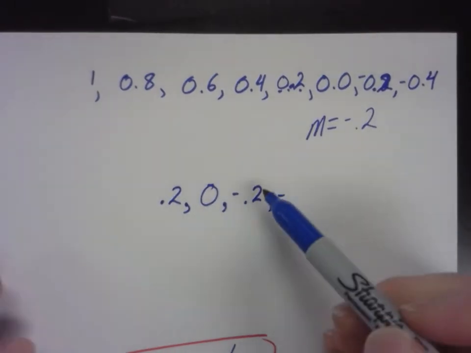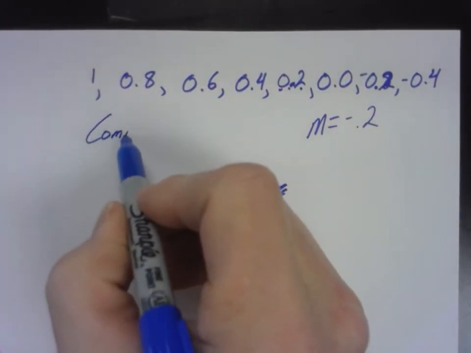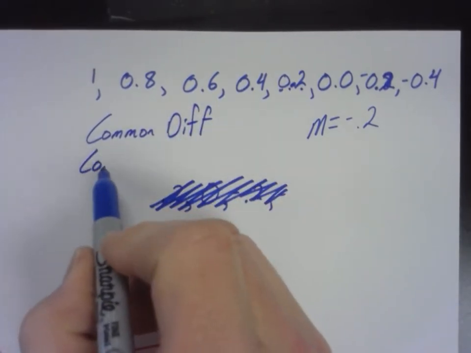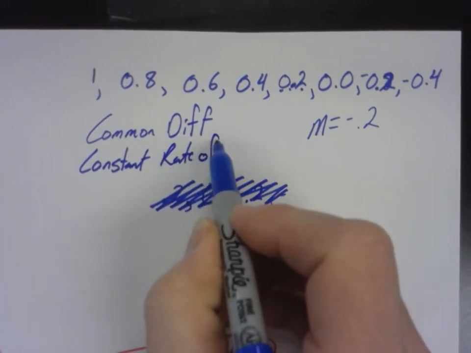Okay, so we know that it's an arithmetic sequence. We know it's linear. We know the constant rate of change, or what we call the common difference. Common difference. Constant rate of change.